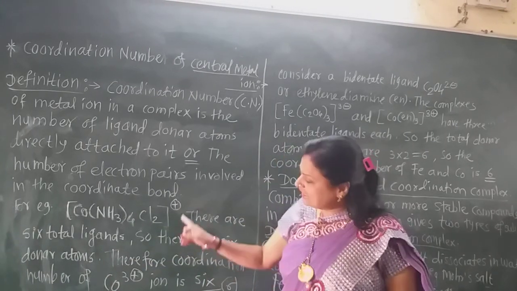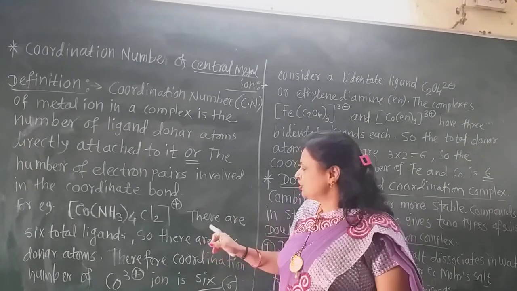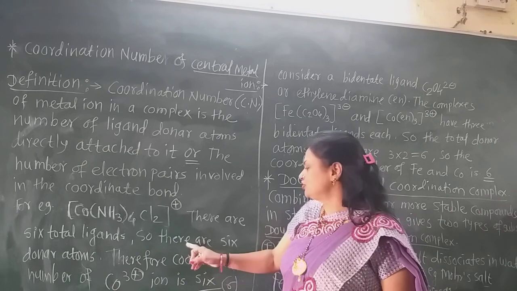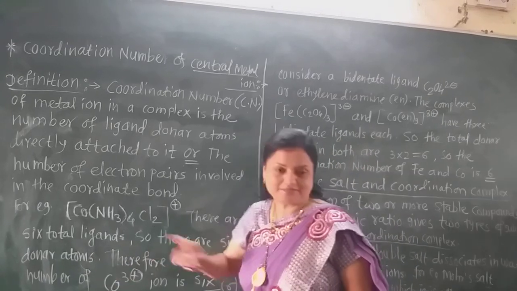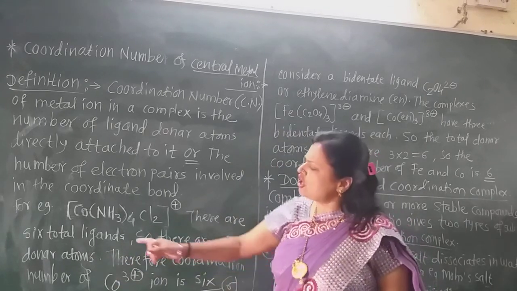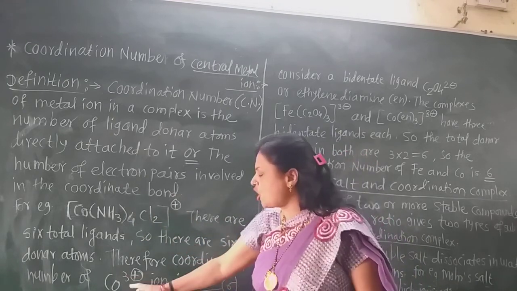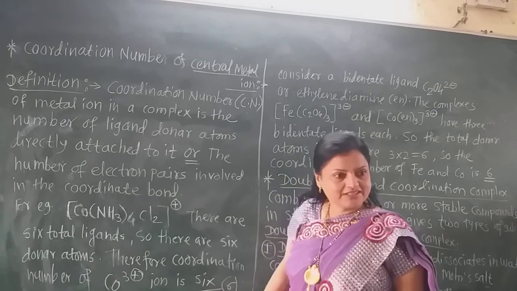Remember that. So there are totally 6 ligands, so there are 6 donor atoms. Because all are monodentate ligands, the coordination number of cobalt 3 ion is 6.